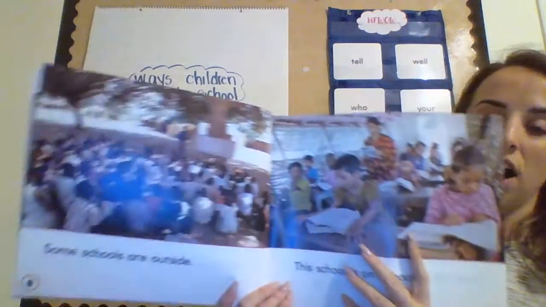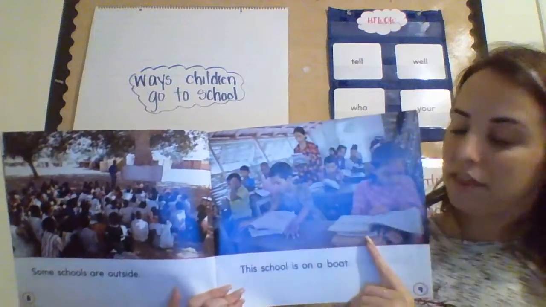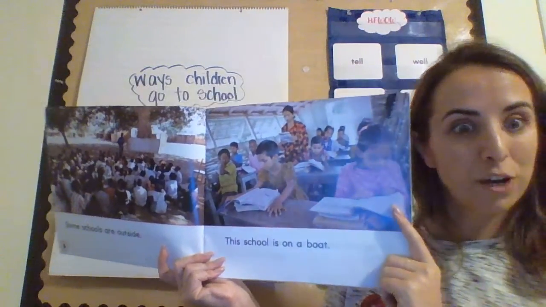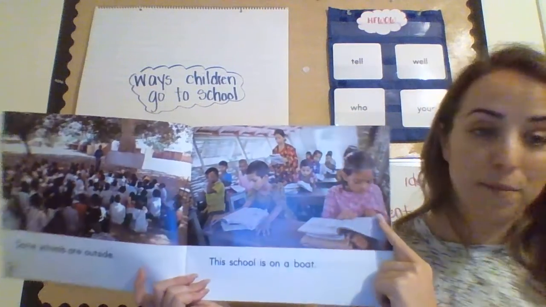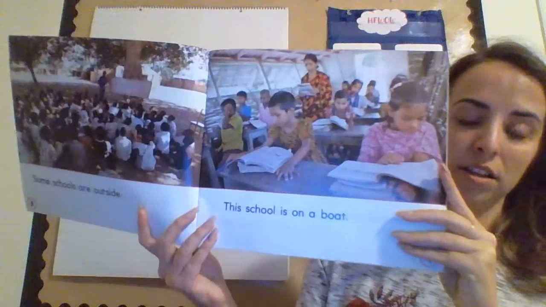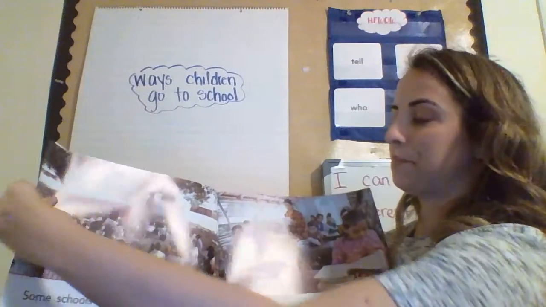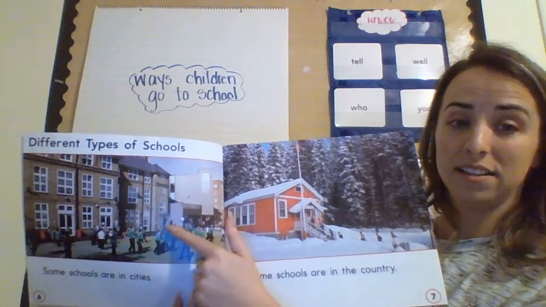Some schools are outside. This school is on a boat. Can you imagine going to school on a boat? That'd be just so interesting. They're learning on a boat. So let's go back. We know that schools are in cities.